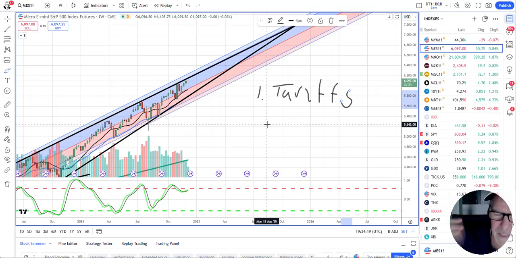So if Trump is successful in placing 20%, 25%, 50%, he was talking about 100% tariffs on Mexican products, putting them on Canada, on Mexico, on European, on NATO nations, and China, right? Probably is going to do that with China, just like he did in the first presidency.